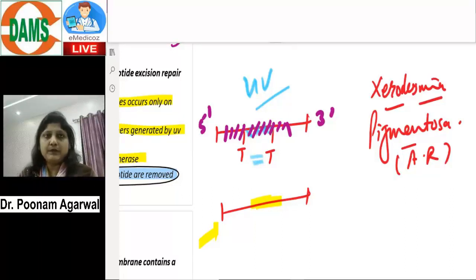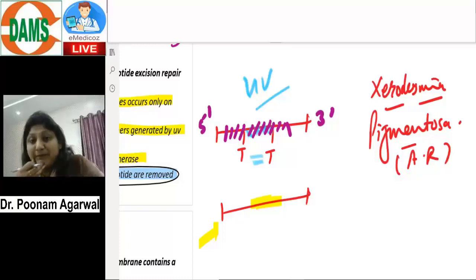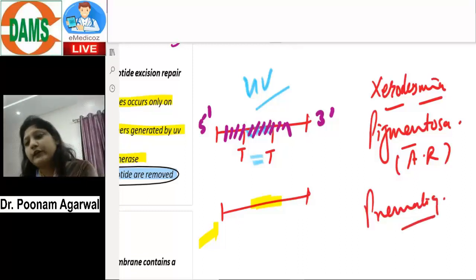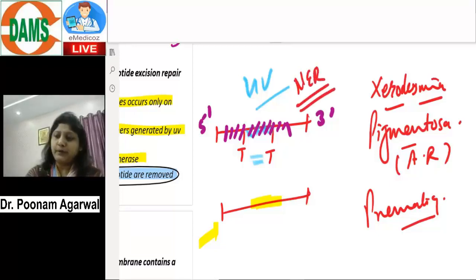The baby will present with a totally disfigured face and weeping blisters. So it's a very pathetic condition, and it's a pre-malignant condition where the baby is very prone to developing skin malignancy, and this unfortunate condition is because of a defect in nucleotide excision repair.